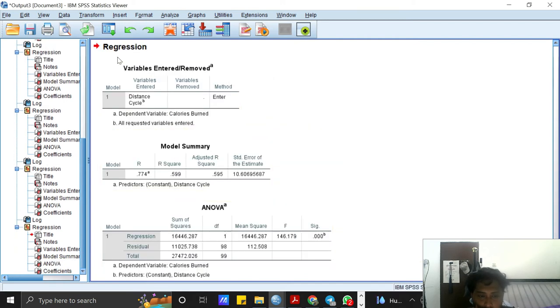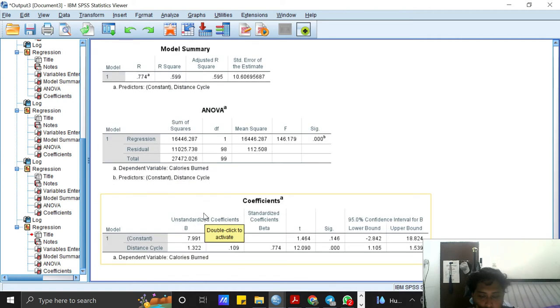Automatically, the outcome of our regression will be 4 tables, which are variables entered or removed, model summary, ANOVA, and also the coefficients. So we go straight to our coefficients, and then we can see that there is one model with two categories, which is constant and also distance cycle.